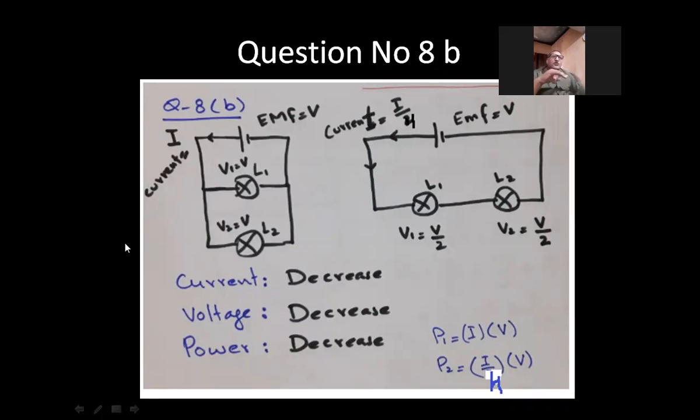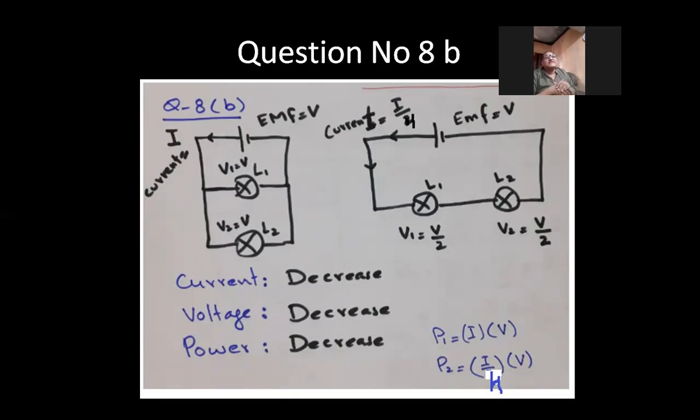The reason is when you connect the resistors or lamps or fans parallel to the battery, they will have the voltage drop equal to the EMF of the battery. So now he says that I have connected them in series. When you connect them in series, the total resistance will increase.